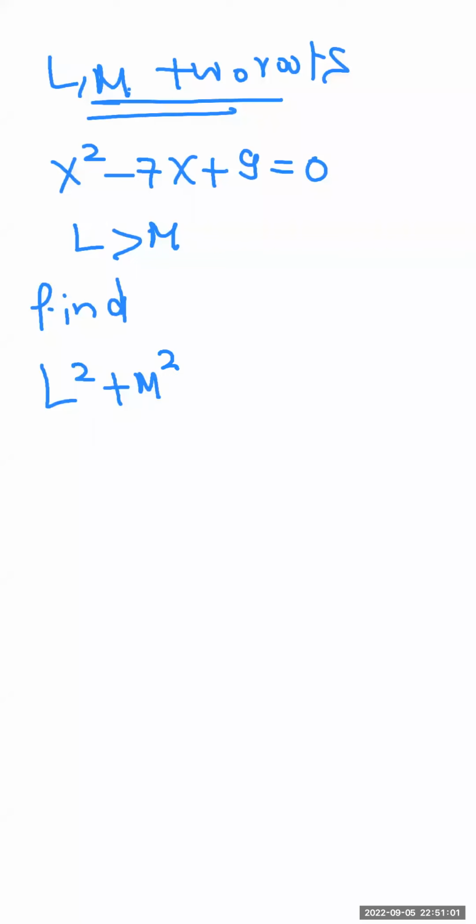Okay. Now, to get L squared plus M squared, what was the rule which we just put in the last 5 minutes? L plus M to the power 2 minus 2Lm. So now it's required from me to get the sum of the two roots and the product of the two roots.